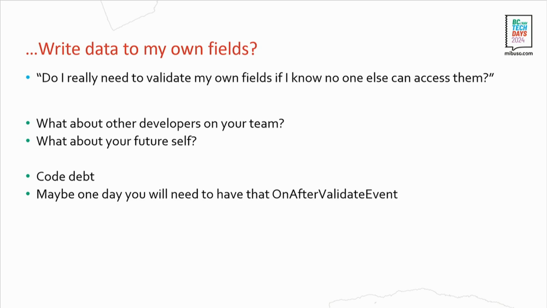And now if you do not care about your colleagues, maybe you care about your future self. I'm not sure who knows exactly what code they wrote 6 months ago. I don't. So if I don't call validate in my code, I will probably be annoyed in the future, because I cannot hook onto the validate or put code into the validation trigger, because I just don't call it from somewhere else.